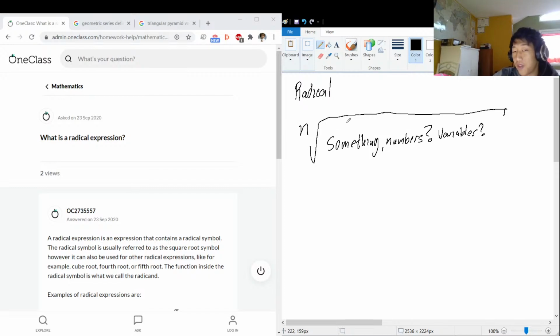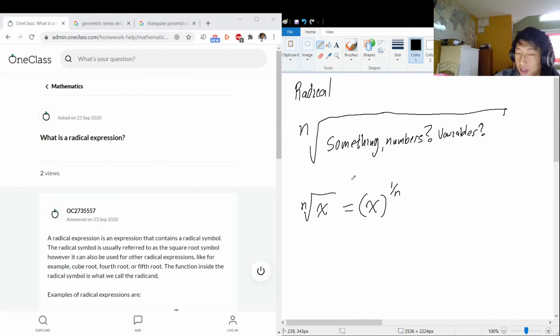Radicals, they're kind of tough to think about. It might be better to just recognize that, let's say you have the nth root of x. It's good to know that you can essentially rewrite them as a power. So x to the power of 1 over n.